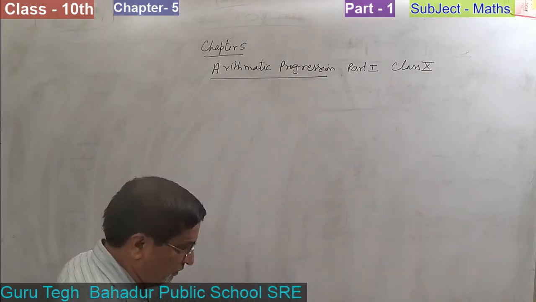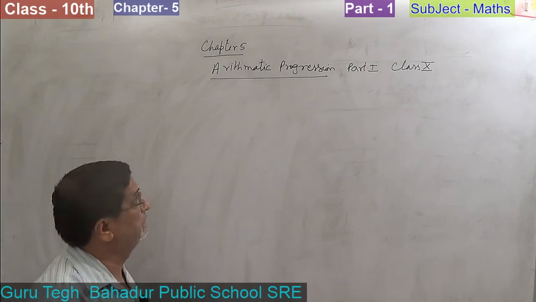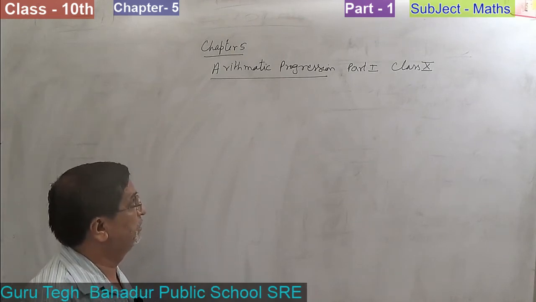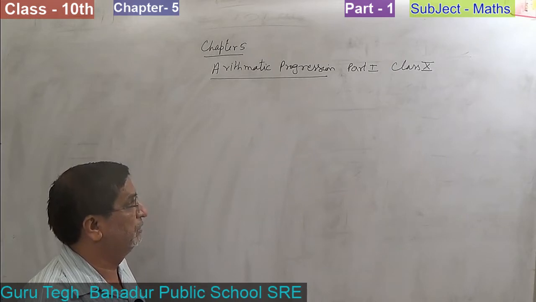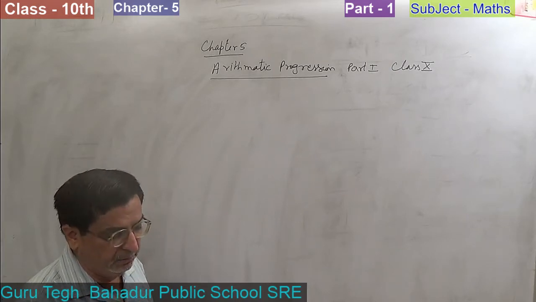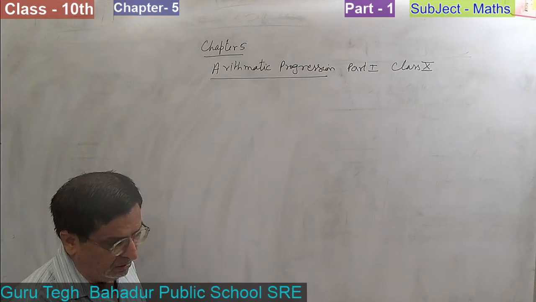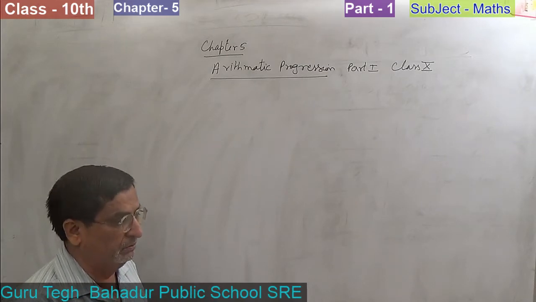What is the meaning of arithmetic progression? Any sequence in which the common difference between consecutive terms is the same is called an arithmetic progression.